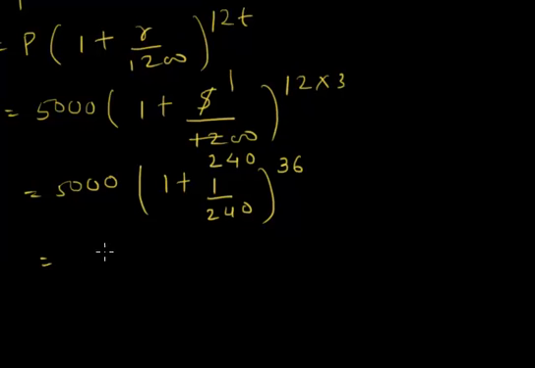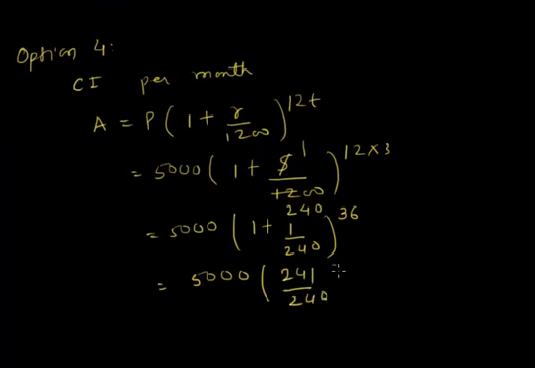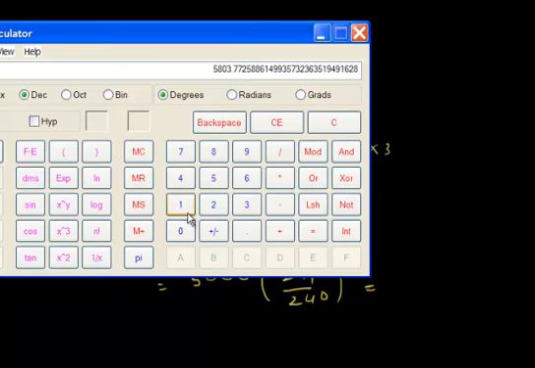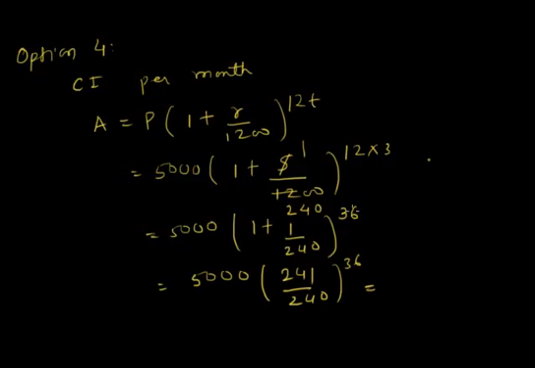So 5,000 times 241 over 240 raised to 36. That comes out to be $5807. So if we see carefully, the values are increasing.